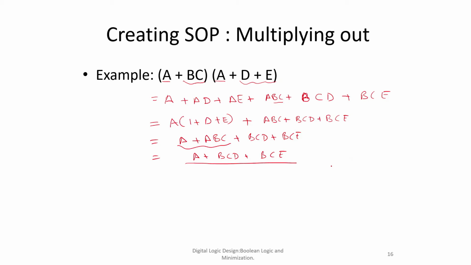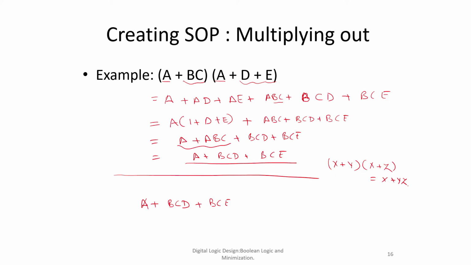The theorem was saying that x plus y, x plus z equals x plus yz. If I use this theorem, the alternative method would have been: A is x, BC is y, and D plus E is z. So straight away we could have got this value A plus BCD plus BCE.